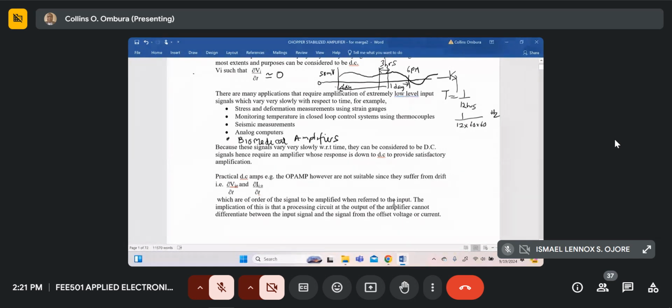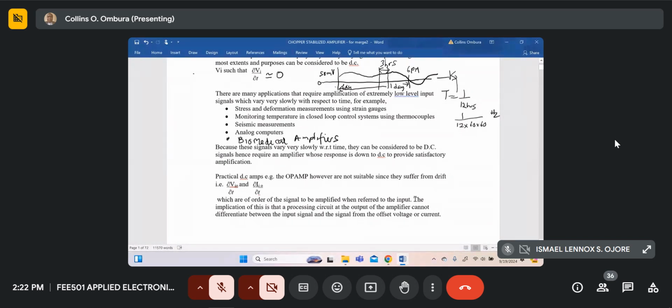So if you have a monitoring circuit at the output of your amplifier, the output will be equal to some gain times the signal that you want to amplify plus VIO, or the effect of IIO at the output.